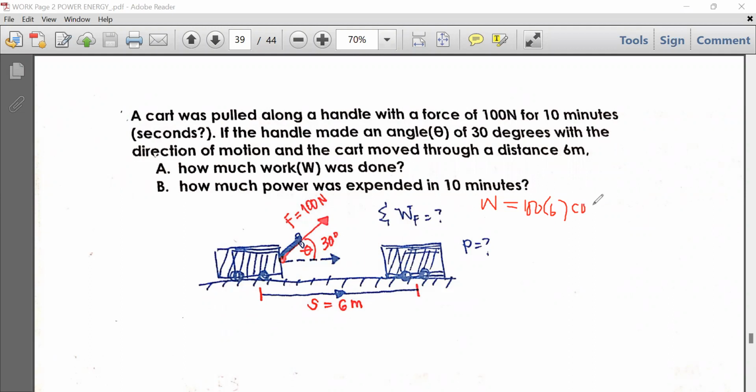What is cosine of 30 degrees? Remember, cosine of 30 degrees is equal to square root of 3 over 2.